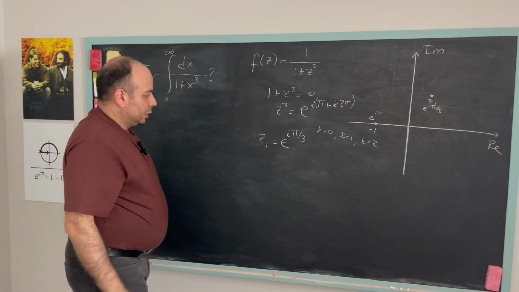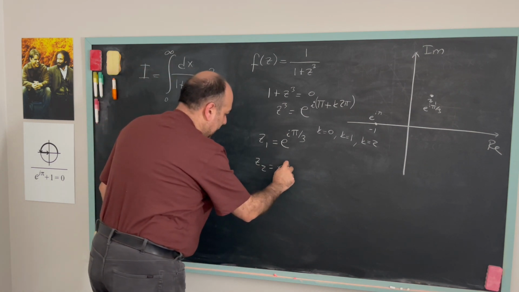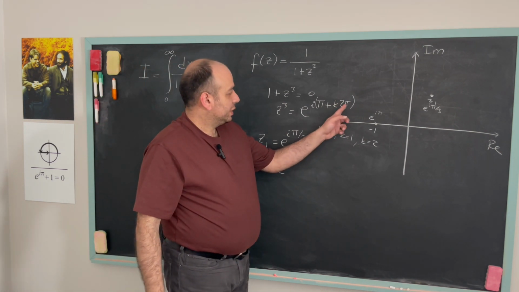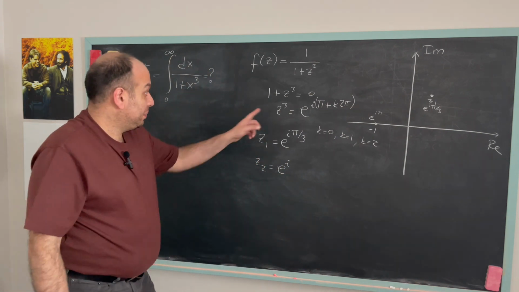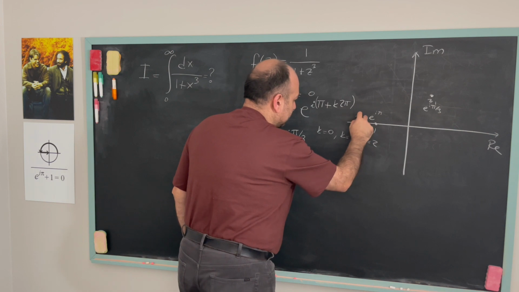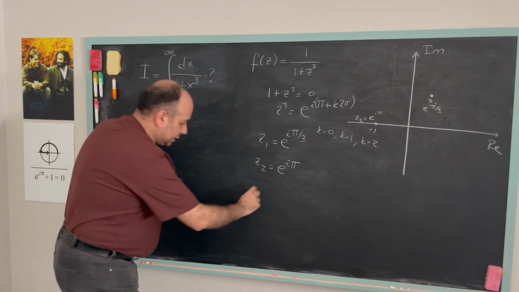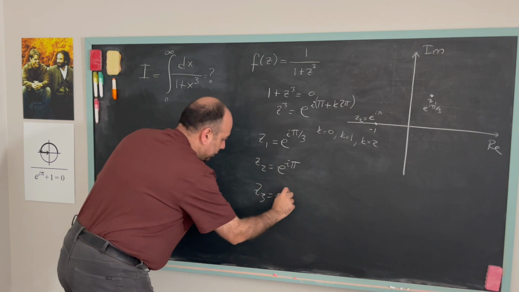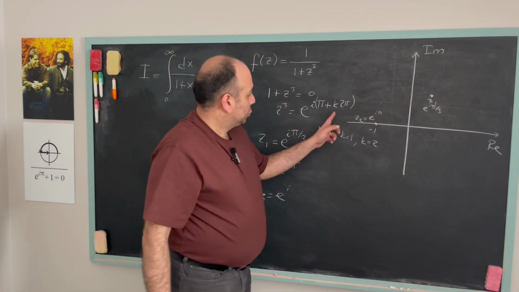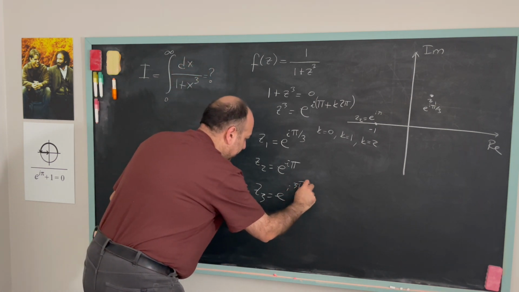What is z2? z2 is going to be equal to e to the i, and when k is equal to 1 here, we have 3 pi. 3 pi over 3 is just pi. So this is my second root, z2. What is the third root? When k is equal to 2, we have e to the i 5 pi over 3.